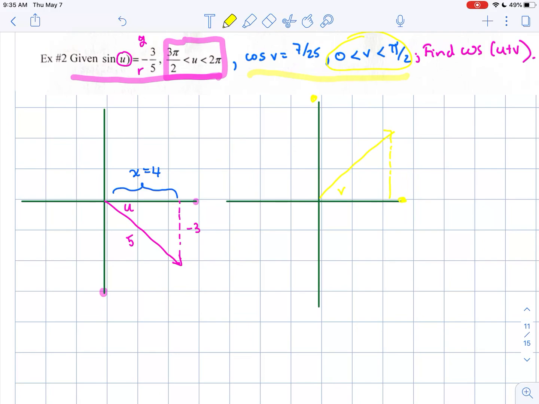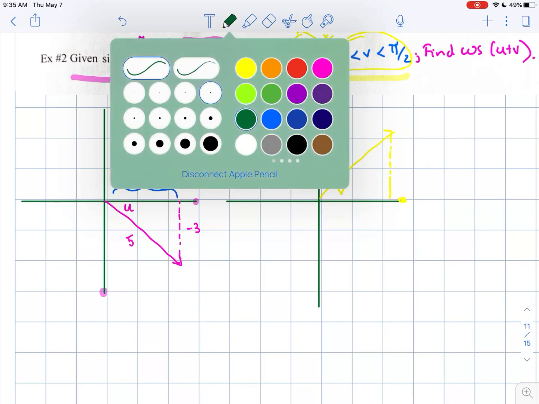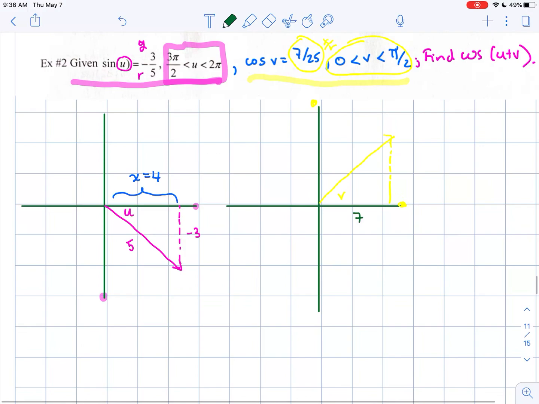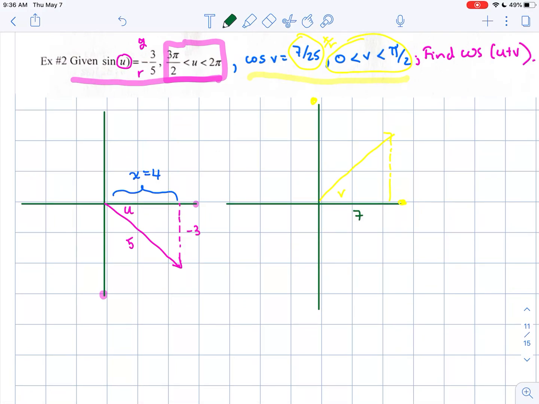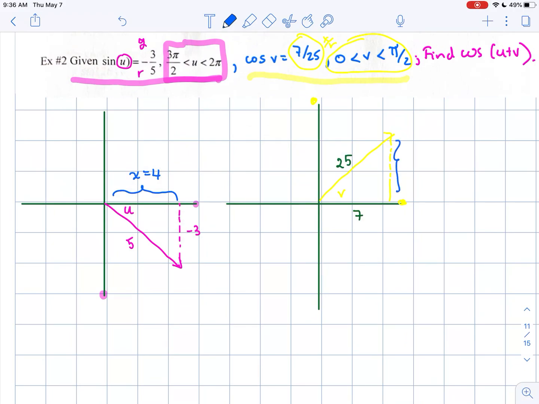And given that cosine is x over r, we have x is positive 7. Everything's positive in the first quadrant, so 7, and then we have 25 is the radius. And then finally we're going to figure out what y is equal to, which I'll do in blue. So using Pythagorean theorem or Pythagorean triple, this is equal to 24.